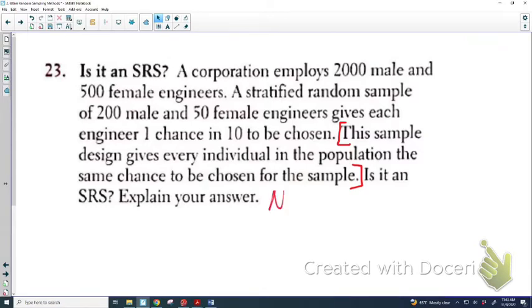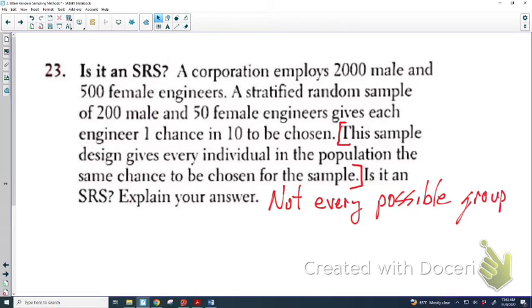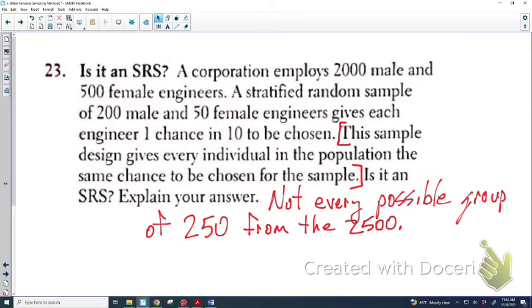This is not every possible group of, let's see, they chose 250, so 250 from the 2,500. They force equal representation. This is not SRS. Not SRS. This is stratified.